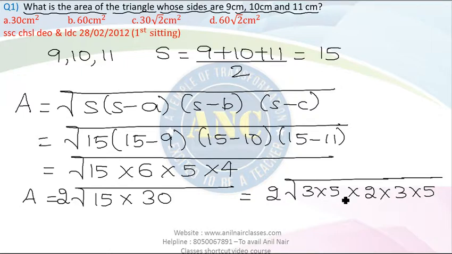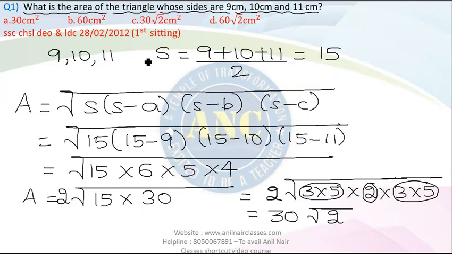Now in simple language, 3 into 5 is 15. 15 into 15 is 15 square under the square root. So it is 15, that 15 is taken outside. So it is 2 into 15, 30. Under the square root you have only one extra term, root 2. Answer is 30 root 2 centimeter square.